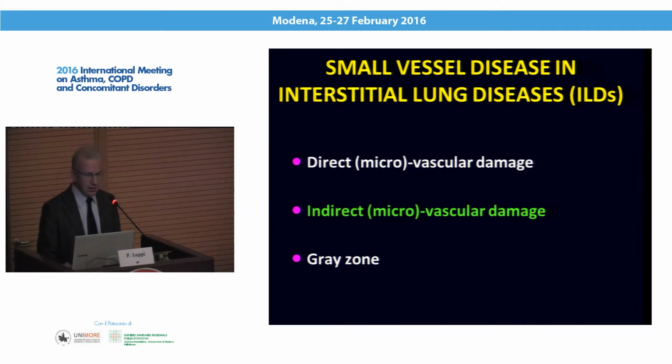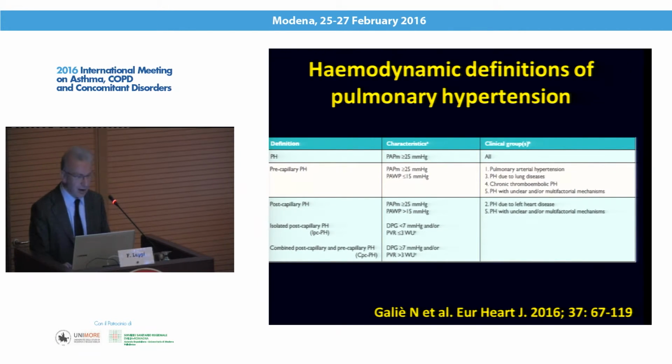Moving to small vessel diseases with an indirect musculovascular damage, I selected pulmonary hypertension. I won't dwell too much on the clinical characteristics because in this room we have three prominent key opinion leaders in cardiology, and Professor Nazareno Galiè, who is the leader of the guidelines.